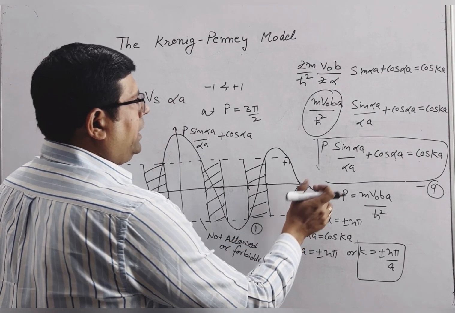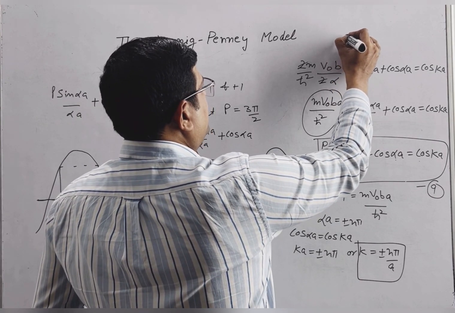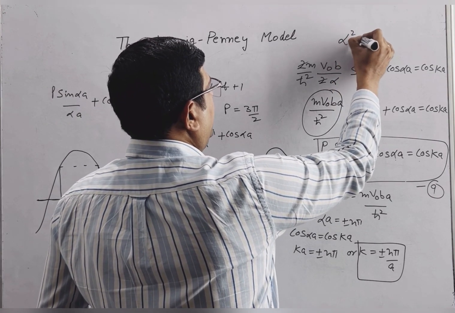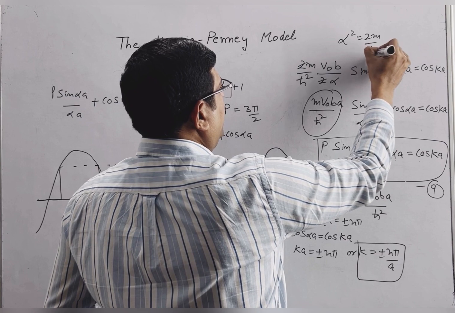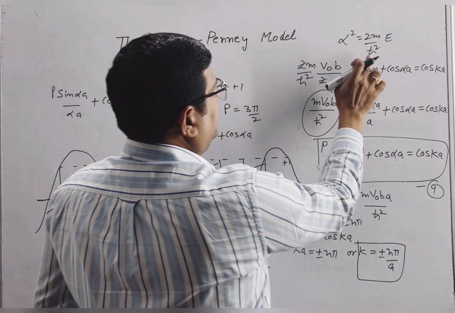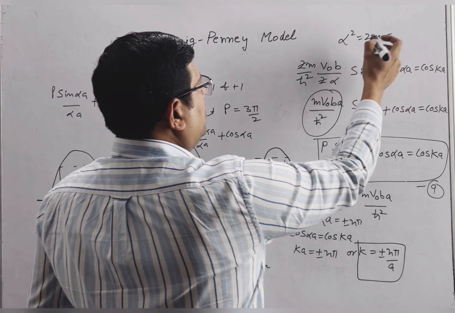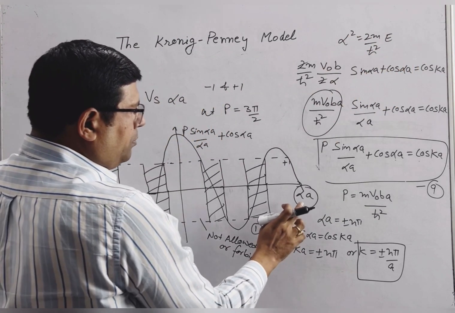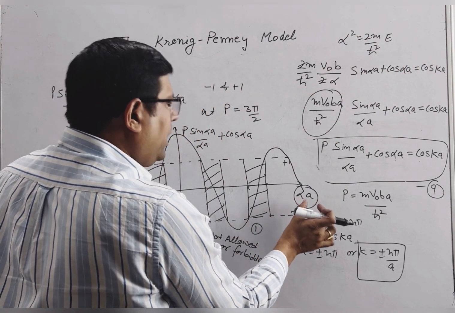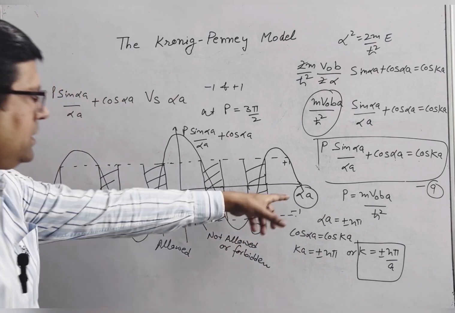Now this alpha A represents energy, because alpha square equal to 2m upon h cut square into E, and E will be alpha square h cut square upon 2m. So energy E depends upon alpha, and alpha A will represent the energy here.